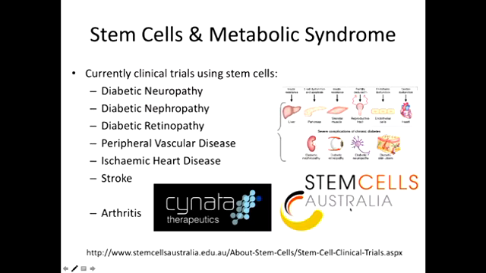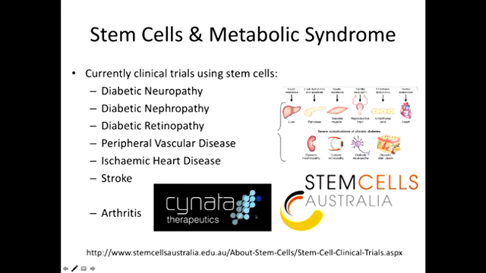So if you're considering stem cells, you might think that there would be potential to use stem cells as a therapeutic for metabolic syndrome associated conditions related to diabetes and cardiovascular disease. If you go to clinicaltrials.gov or look at Stem Cells Australia's listing of clinical trials, you'll see that diabetic neuropathy, nephropathy, retinopathy, vascular disease, ischemic heart disease and stroke all have clinical trials using stem cells at the moment.